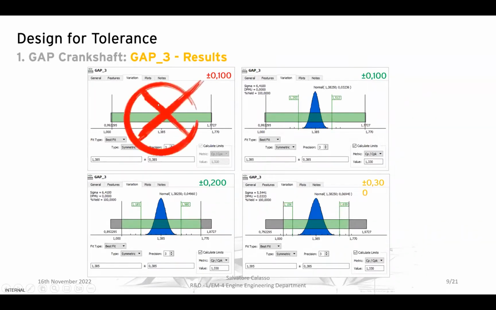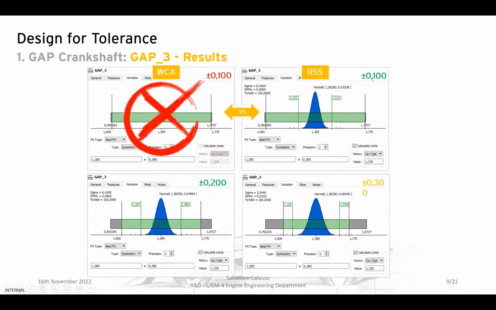But using a statistical approach, we sure did it, because our limits was the black line, let me say, and the statistical limits of the process, of the entire process, are highlighted by the green flag.